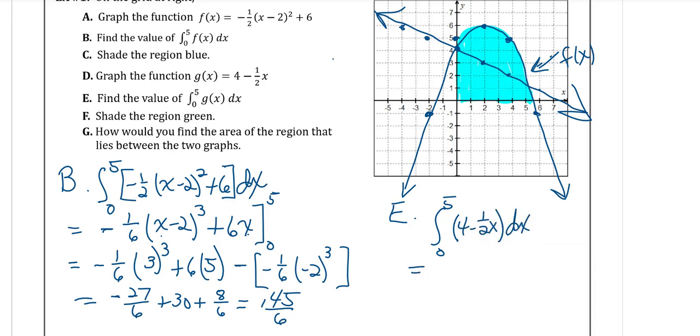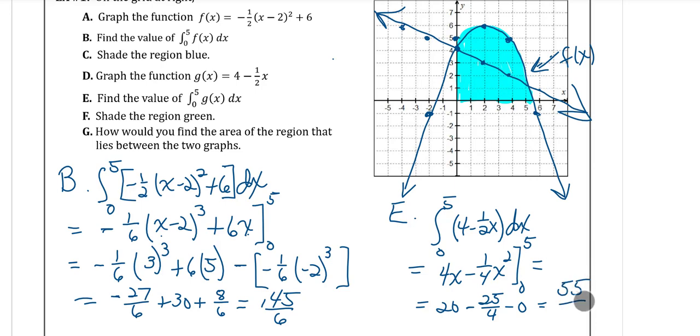So we're going to get 4x minus 1/4 x squared evaluated between 0 and 5. So that's going to give me 20 minus 25/4. And then if we put 0 in, we'll just get 0. So we get 55/4.